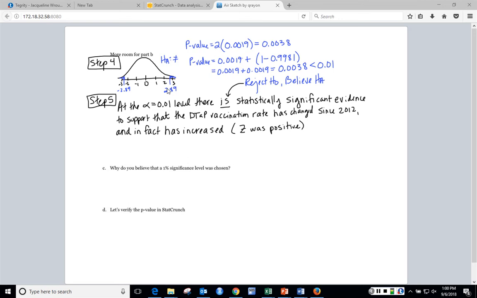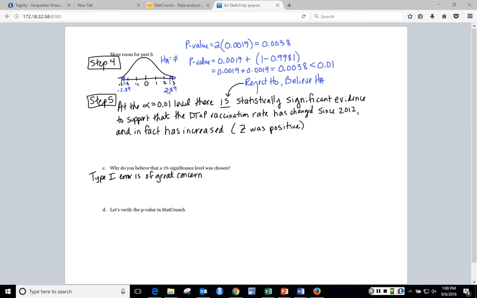All right, next we just want to talk about why would a 1% significance level have been chosen here. So we generally use a very small significance level when a type 1 error is of great concern. So why would a type 1 error be a great concern here?